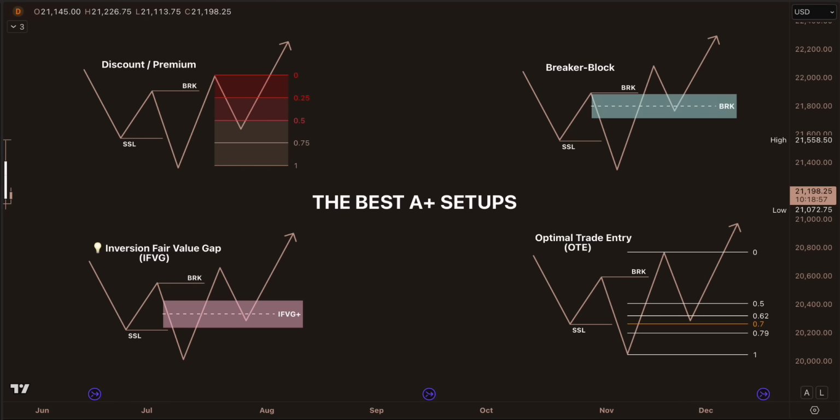For me personally, there are 4 A+ setups to use, but there is one that is the highest probability and is better than the rest of them completely. And that is obviously my favorite, which is the IFEG. However, there are 3 others that you can use.